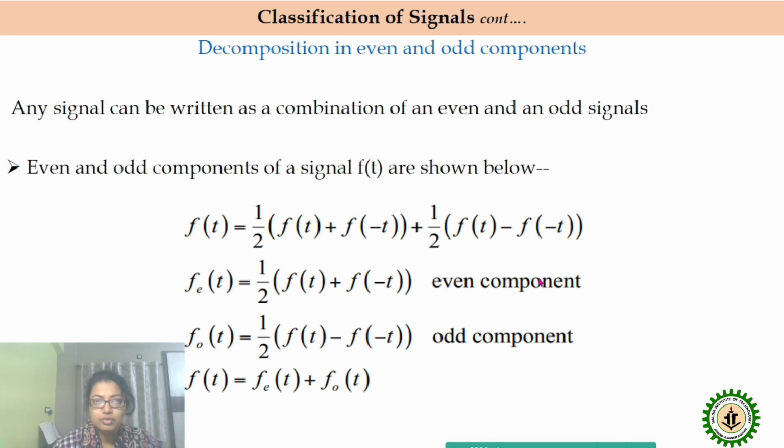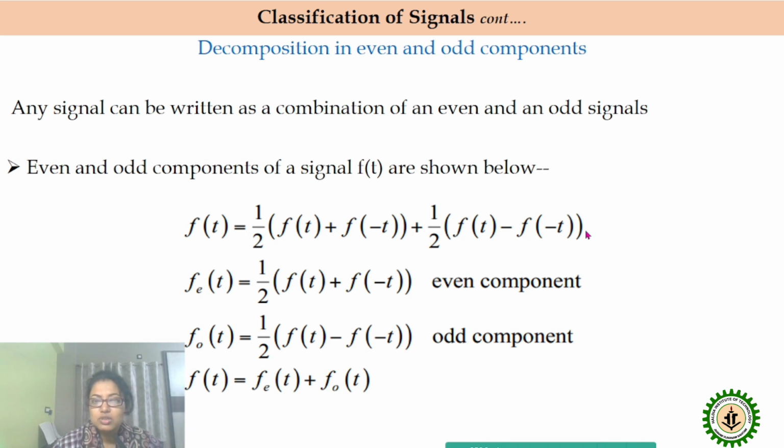Now every signal you can decompose into two parts, an even component and an odd component. So f of t is a combination of an even part and an odd part. If you decompose further and write it this way, this is the simplification.